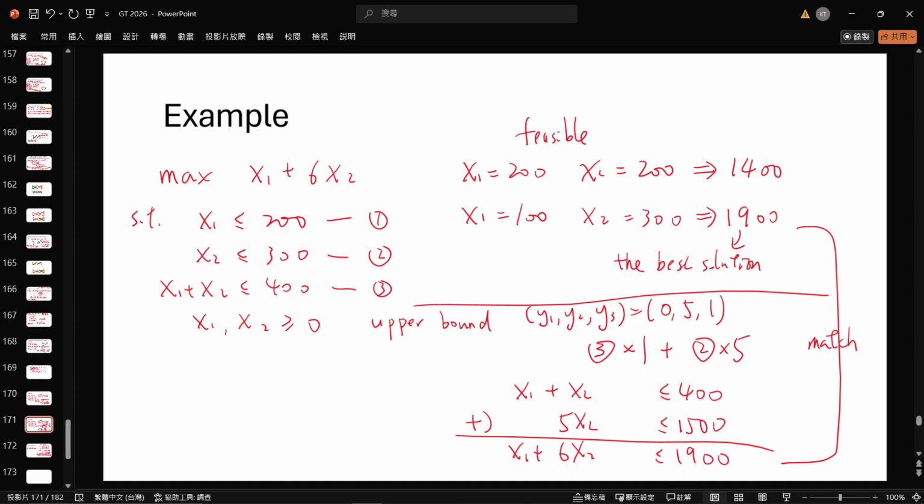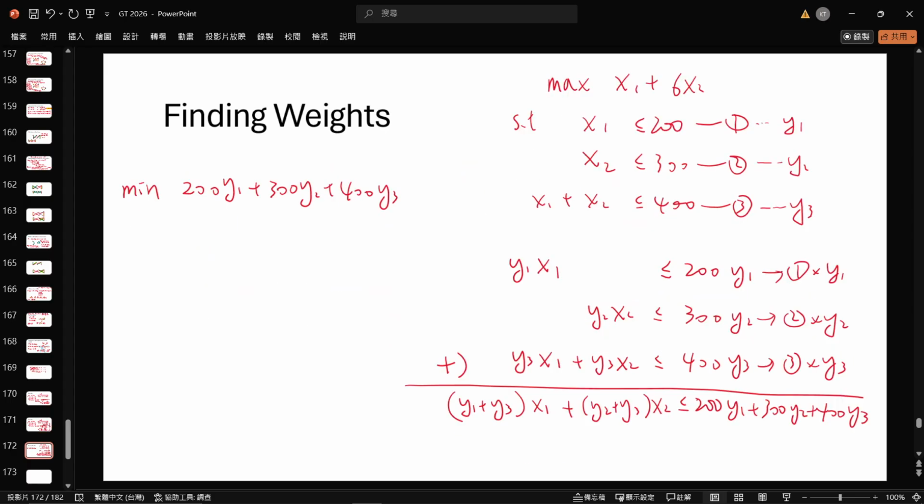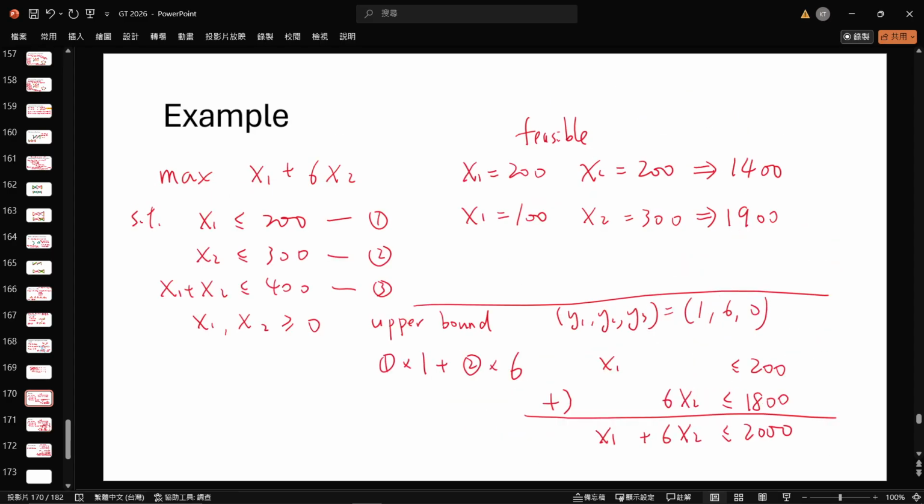So in this solution, the result is that the left-hand side is exactly x1 plus 6x2. So similarly, for the first weight, the left-hand side gives us exactly the same form of the objective function, x1 plus 6x2. So in other words, we have to make sure that this weighted combination is an upper bound.